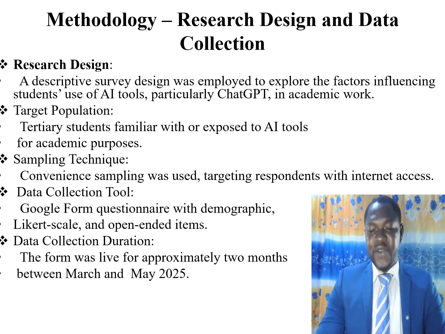It would not have been easy for me to move from all campuses and ask students who have experienced use of AI tools. So it was better I used the convenient sampling and also the online method, that is Google Form questionnaire. The data collection lasted for approximately 2 months, somewhere between March and May 2025.